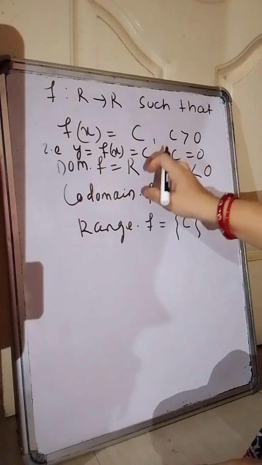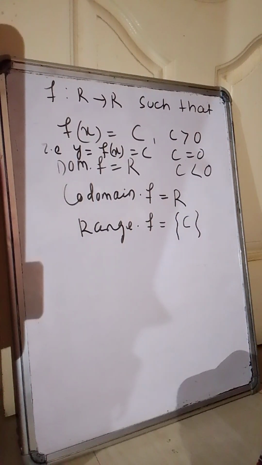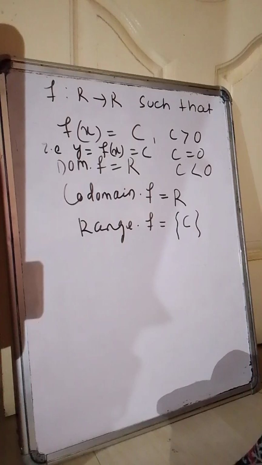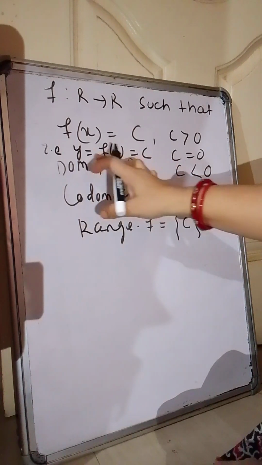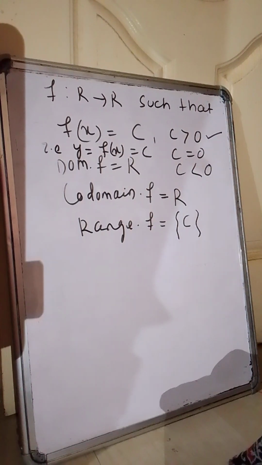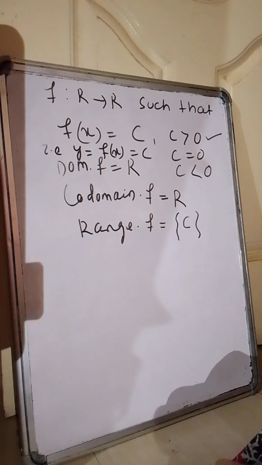So when c is positive, y is positive in the Cartesian coordinate system. The values of y are positive only when it lies above the x-axis, and negative only when it lies below the x-axis. So if f of x equals c, a positive number, you get a straight line not passing through the origin, rather lying above the x-axis depending on the value of c.